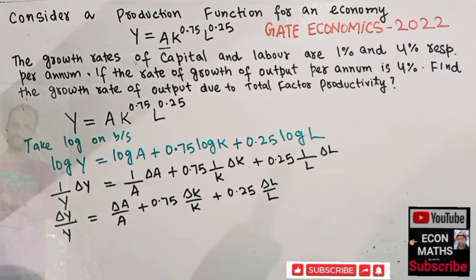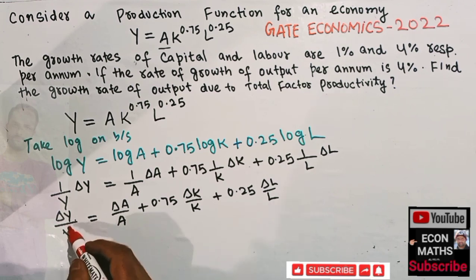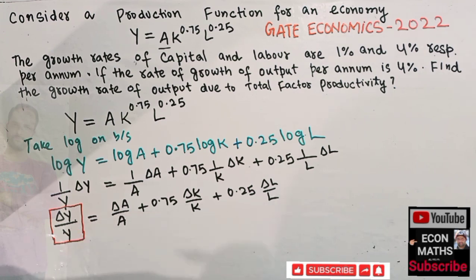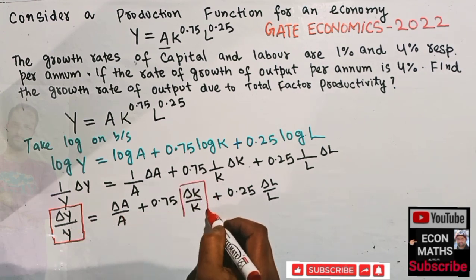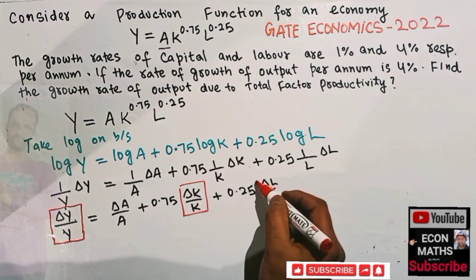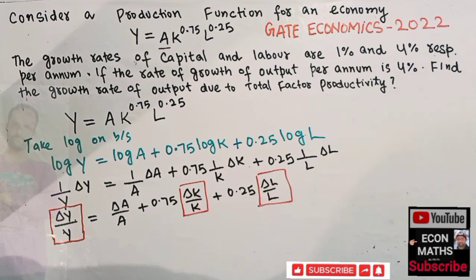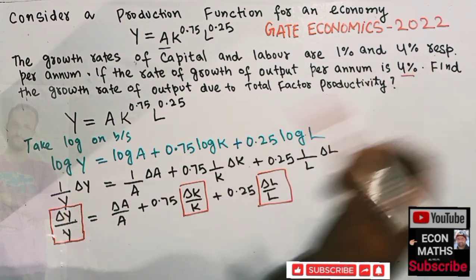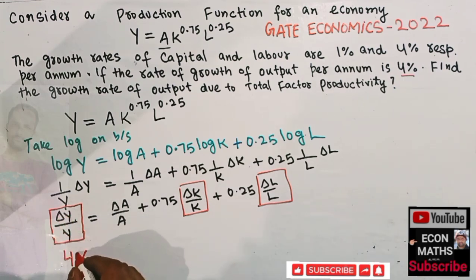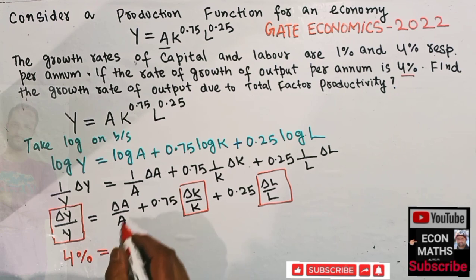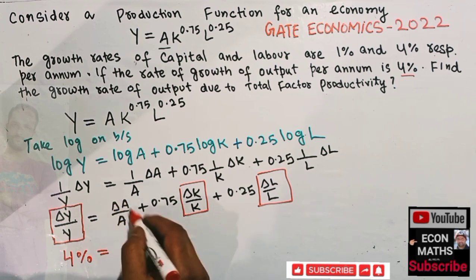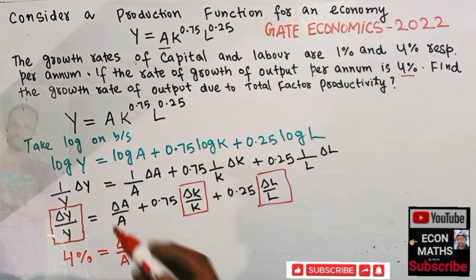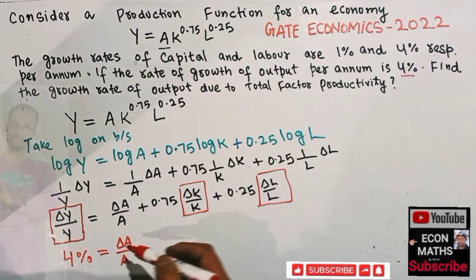So what does this del Y upon Y tell us? It is simply the growth rate of output. Del K upon K denotes the growth rate of capital, and del L upon L denotes the growth rate of labor. We are given the growth rate of output as 4%, so in place of this I can write 4% equal to del A upon A, which we need to find, the growth rate of total factor productivity.